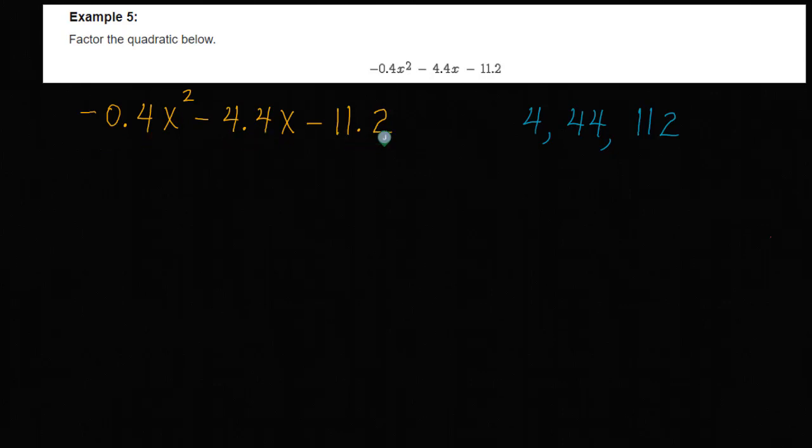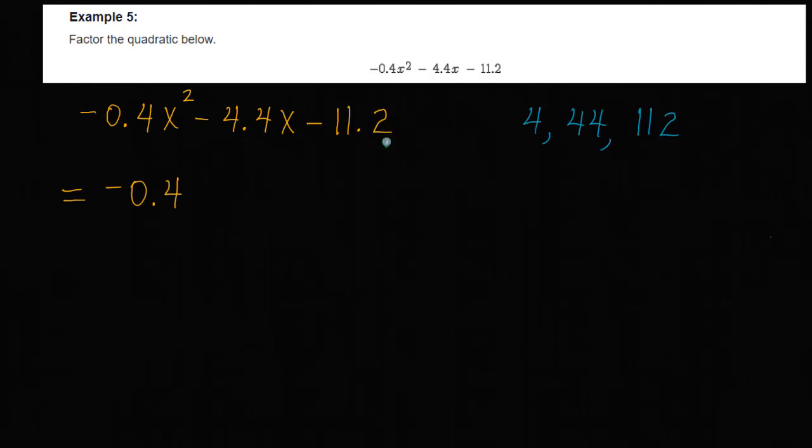Or you can also say that all of the coefficients here on this polynomial are divisible by negative 0.4. So let's go ahead and factor negative 0.4 from all three terms here, here, and here.